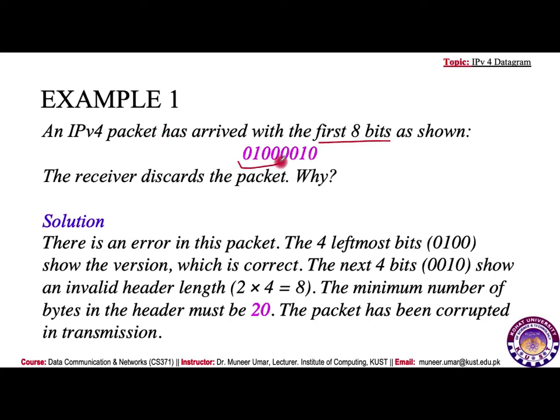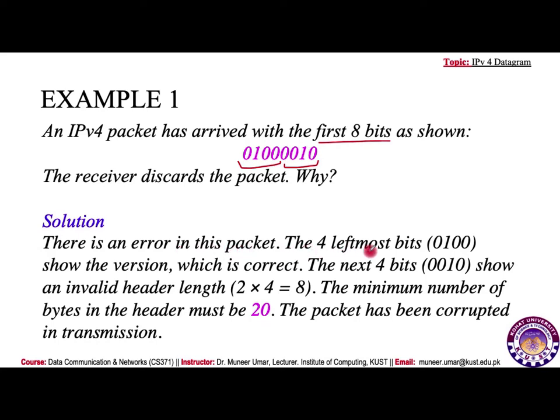The first 4 bits represent the IP version, and here we have 0100, which represents 4, and then we have 0010. Now it says that the receiver discards the packet. Why? There is an error in this packet.